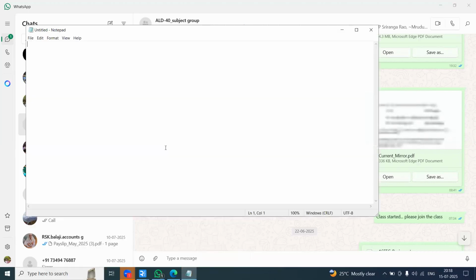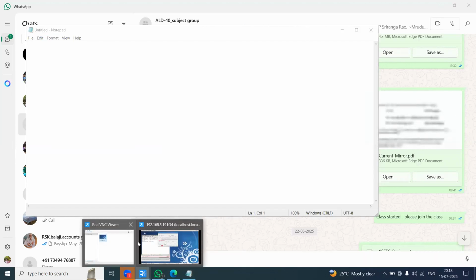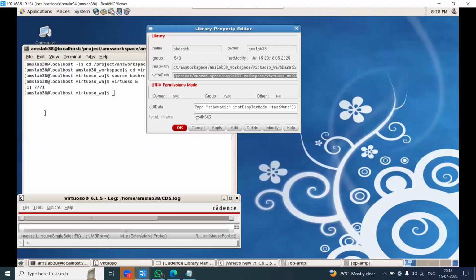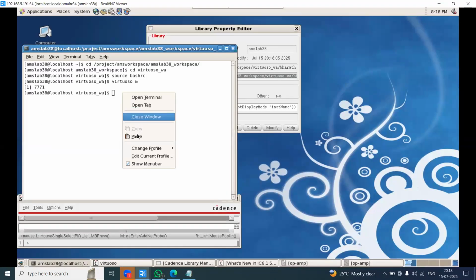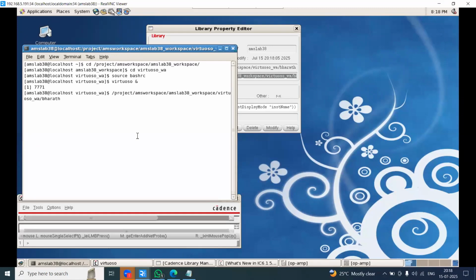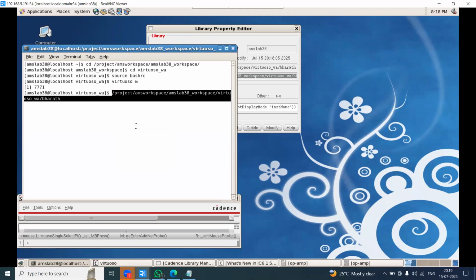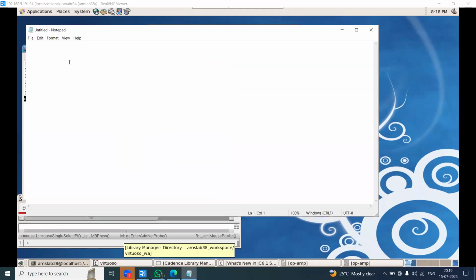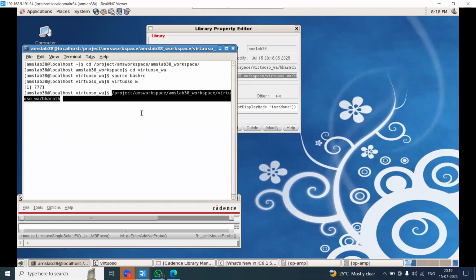At least on Notepad it should paste. No, sir, the terminal inside VNC. Copy. It is not taking the paste.